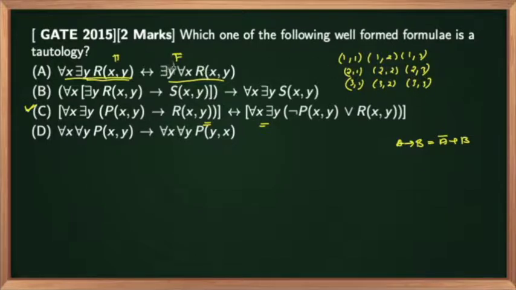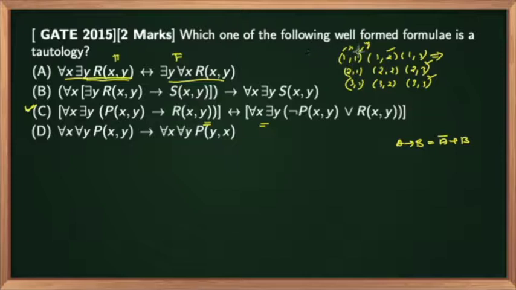The left hand side says for all x. Let's assume this is x and this is y. Then for all x there exists a y, right? So that means in this row there should be at least one value that is evaluated to true, and similarly in the second row, and also in the third row there should be one value that is evaluated to true. And the right hand side says there exists a y for all x, right?